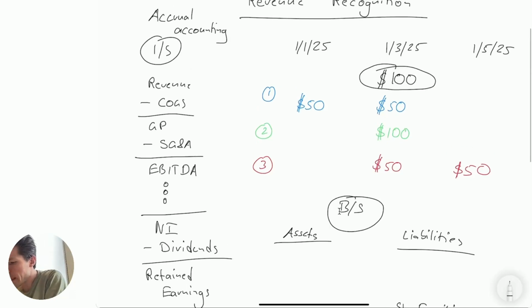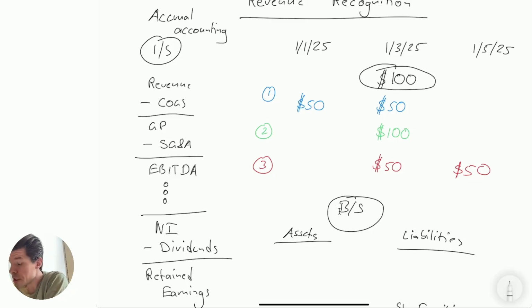Okay, let's look at income statement 1st of January. Under example number 1, receives $50. From an income statement perspective, nothing happens because we are not recognizing or recording revenue yet because risk and reward has not been transferred.